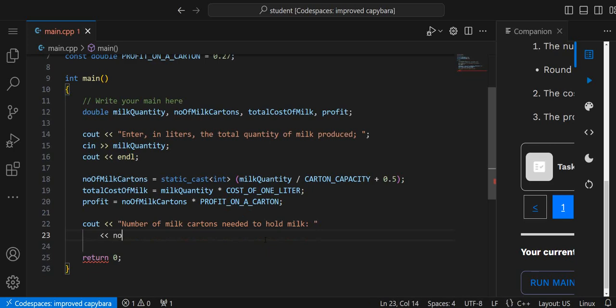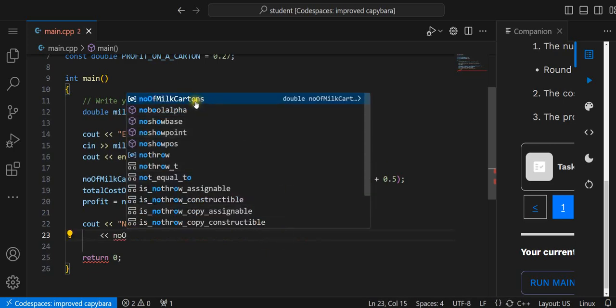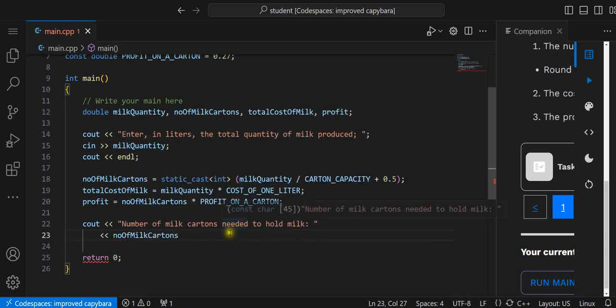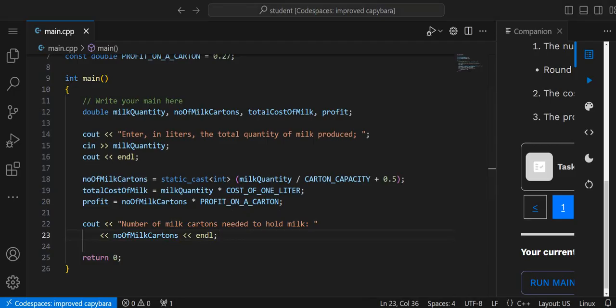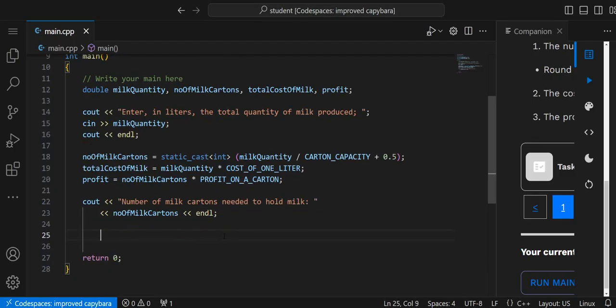Number of cartons. Clear up. Everything is done. Next, let's go down.